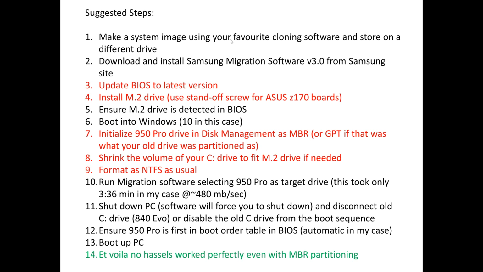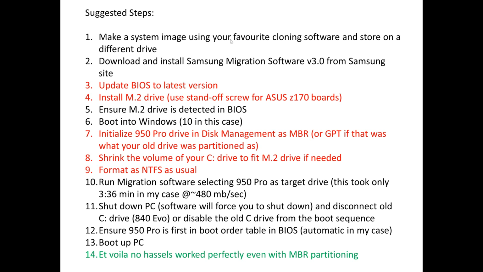Now, of course, the 950 Pro will not be initialized or formatted, so you have to do this first before you start the cloning. So initialize the 950 Pro in Windows Disk Management, and you could just right-click on the Windows icon in the left-hand corner of the desktop, and you will get the selection for Disk Management.